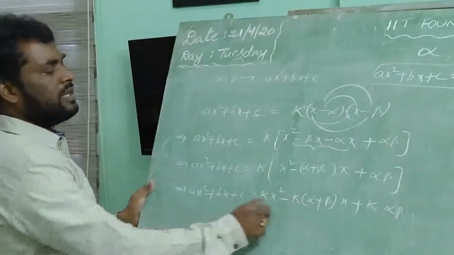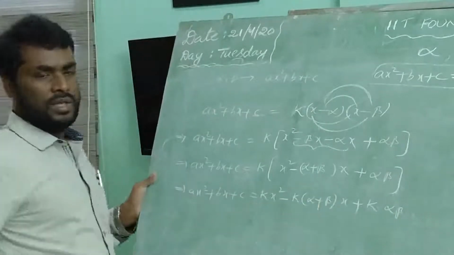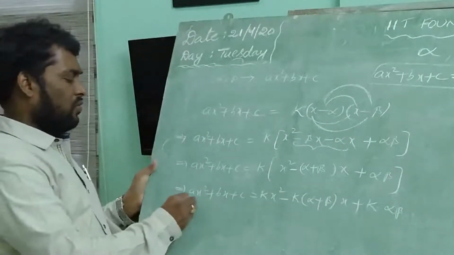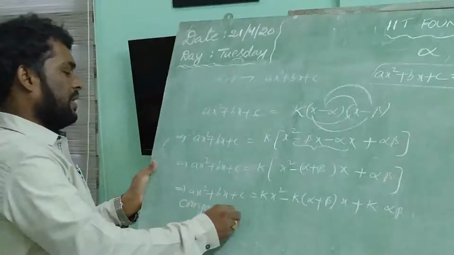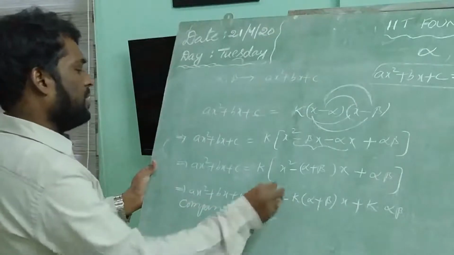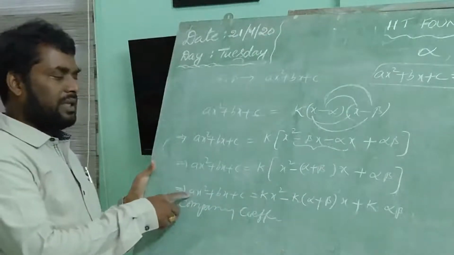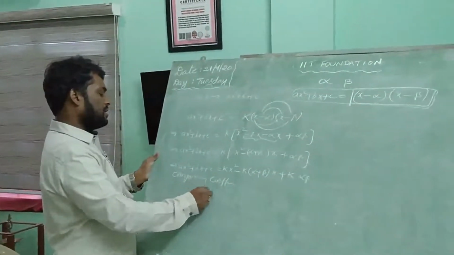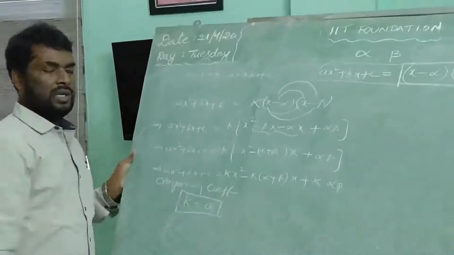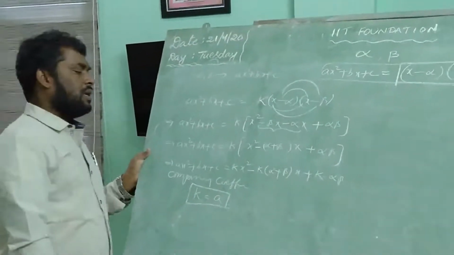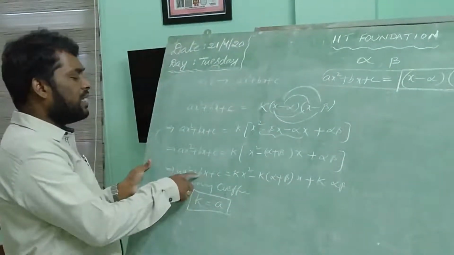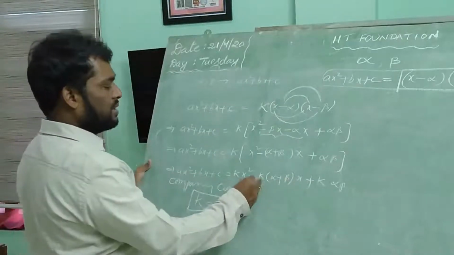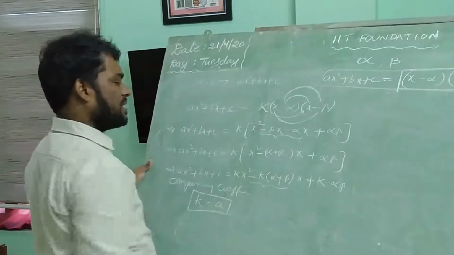Both sides are quadratic polynomials. Now comparing coefficients. Here what is the x square coefficient? a. Here what is the x square coefficient? k. Therefore k is equal to a. Next, here the x coefficient is b, and here the x coefficient is minus k into alpha plus beta.